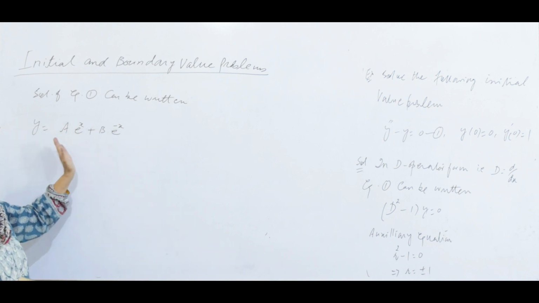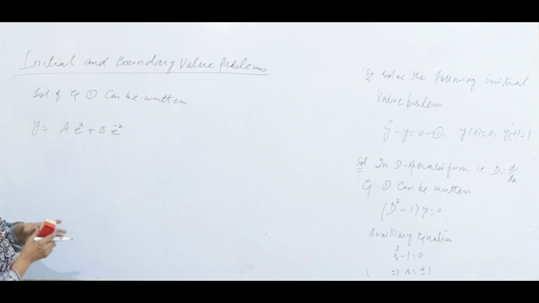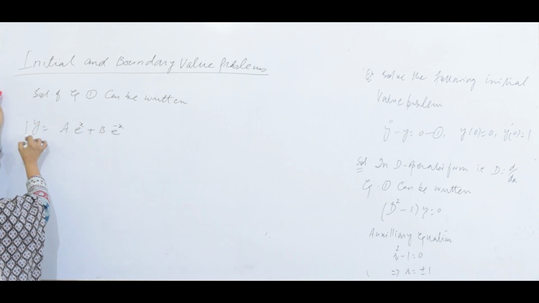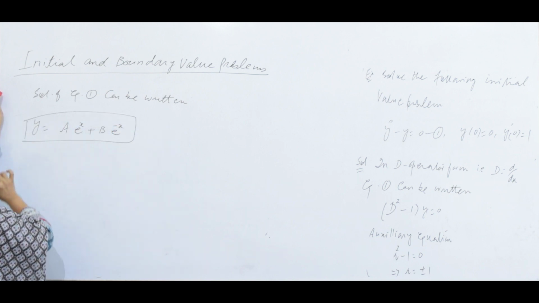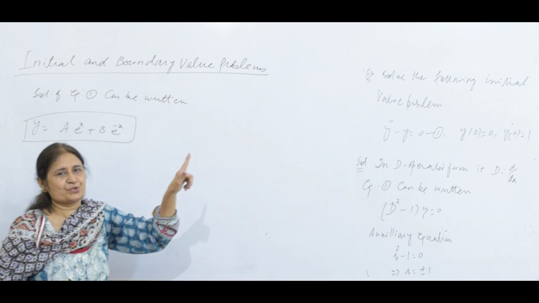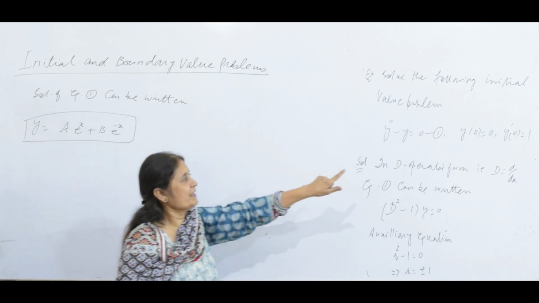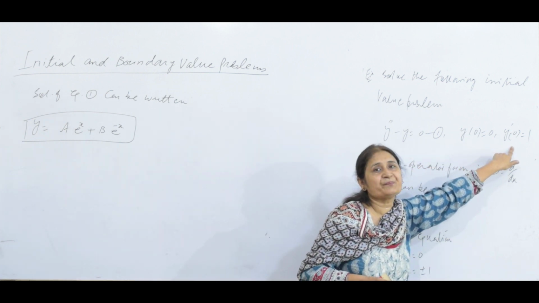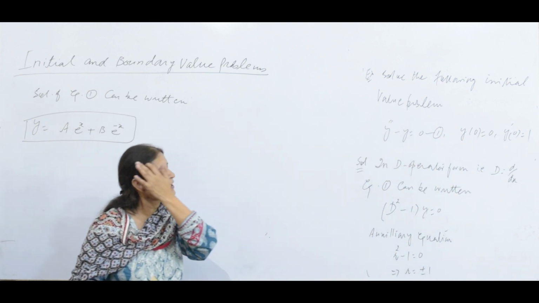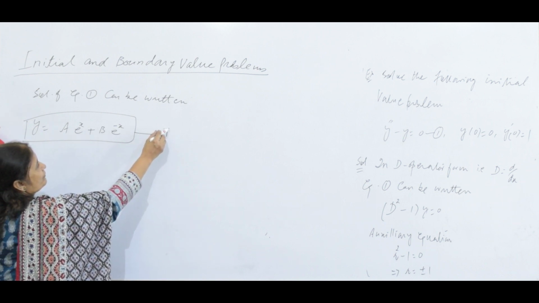You can write either e to the minus x here or e to the x here, because addition is commutative. So this is the solution of the differential equation. Since we are talking about second order, there are two constants there, and these two constants can be determined by these two conditions. One is on the function, one is on the derivative. Let me call it equation 2.